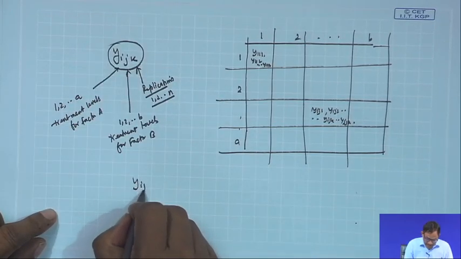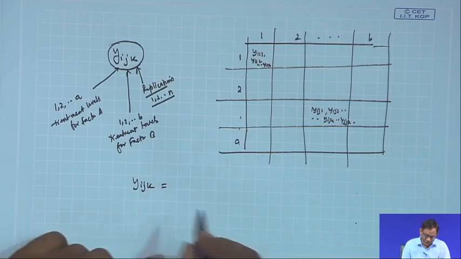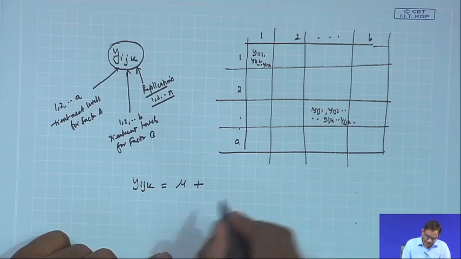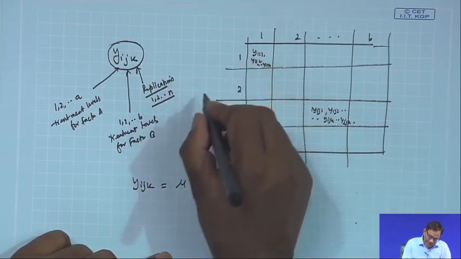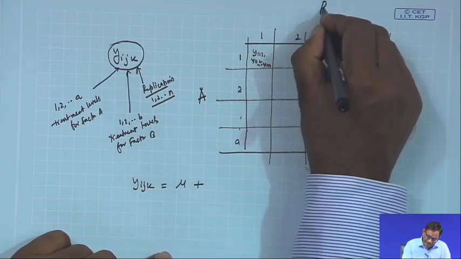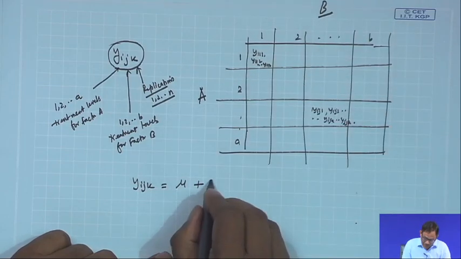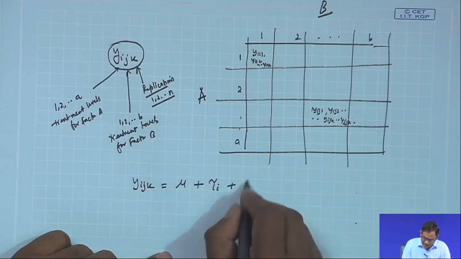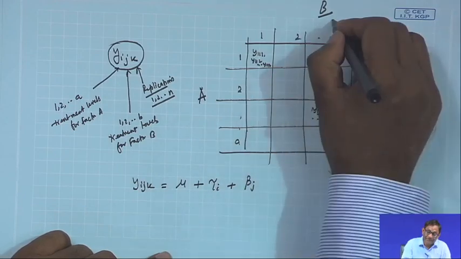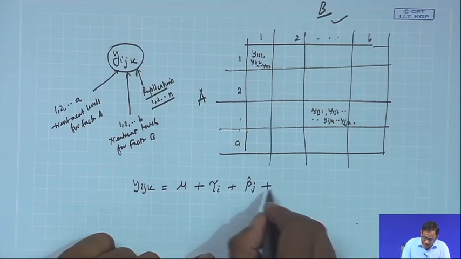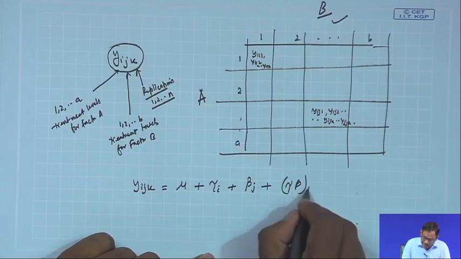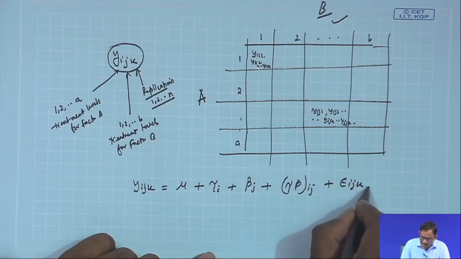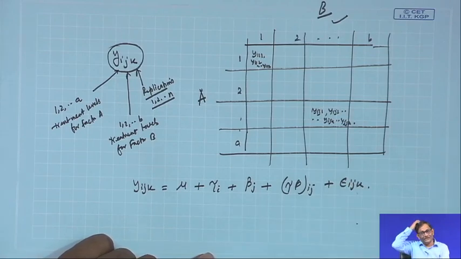You can partition this yijk equal to grand mean mu, plus the A factor effect, B factor effect also. So tau i is the factor A treatment effect, beta j is the B treatment effect, plus tau beta ij, that is the interaction effect, plus epsilon ijk.